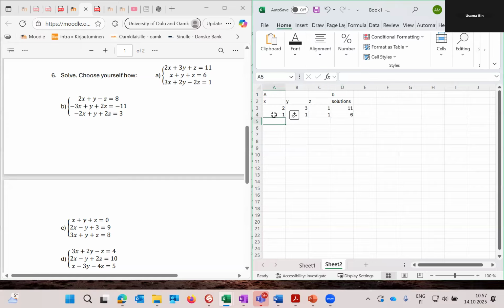Of course, then I also have to know that those equations are in the same form so that it's always, oh, here there's one mistake or whatever. 3, 2, minus 2, and 1.